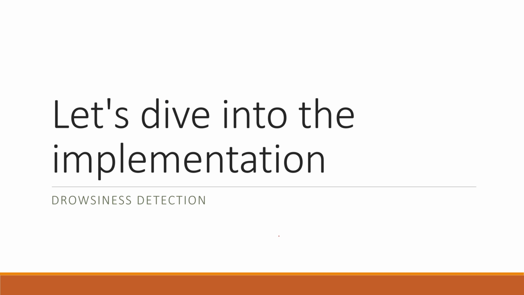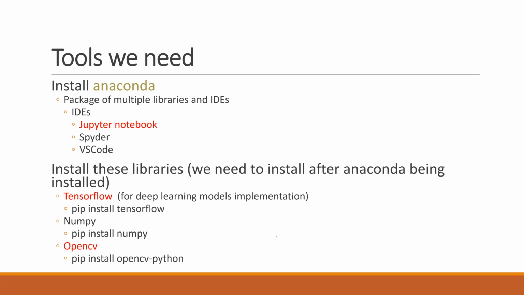Okay, let's dive into the implementation for drowsiness detection. The tools we will be using in this tutorial are Anaconda, a famous package of multiple libraries and IDEs. The IDE we'll be using is Jupyter Notebook; there are other famous IDEs like VS Code and Spyder, but in this tutorial we will be following Jupyter Notebook.